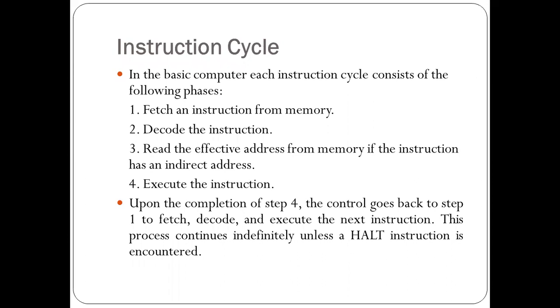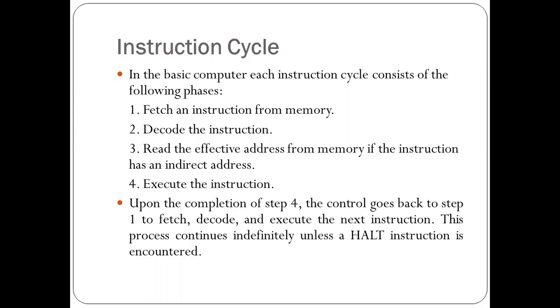Upon completion of step 4 for the first instruction, the control has to go back to step 1 to do the fetch, decode, read, and execute of the next instruction, which is repeated continuously until the end of the program, or until a halt instruction stops the program execution. To repeat these actions, we use the timing sequence, and in every stage the corresponding controls have to be activated.